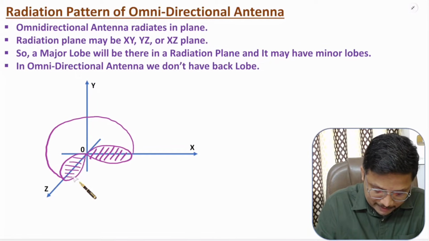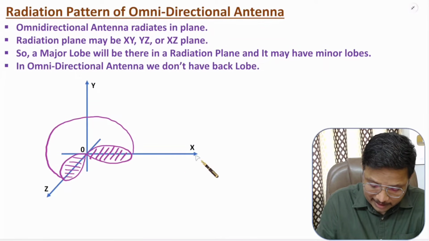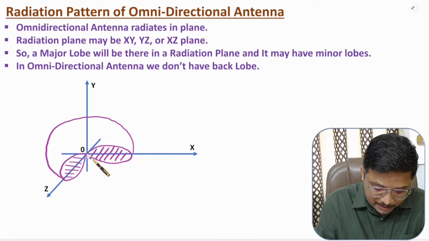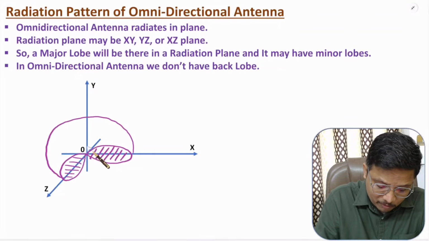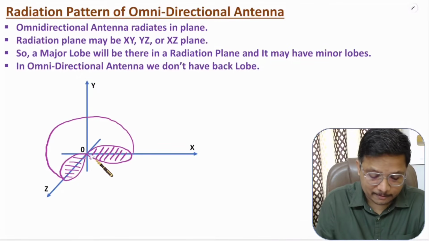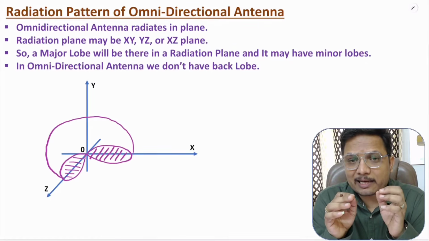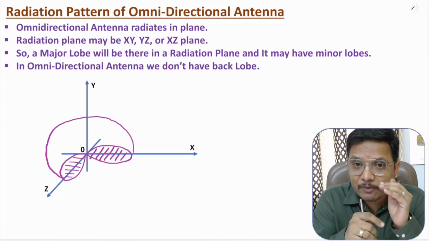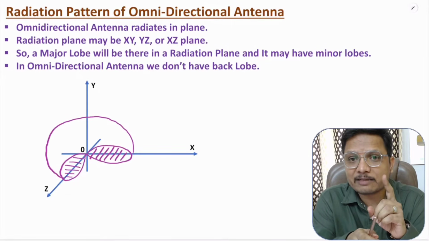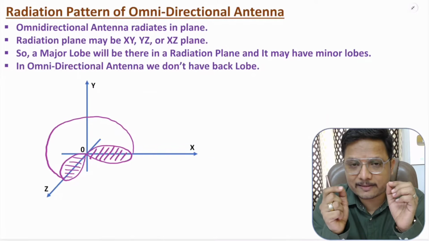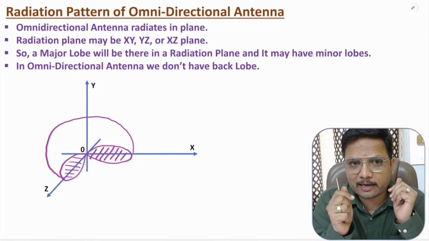So here you can say one thing, see, radiation that is happening in the XZ plane, in which minimum radiation will happen towards the Y-axis over here, right? So as if omnidirectional antenna is having radiation in the XY plane, then minimum radiation will be there towards the Z-axis, right? That is how things are there.